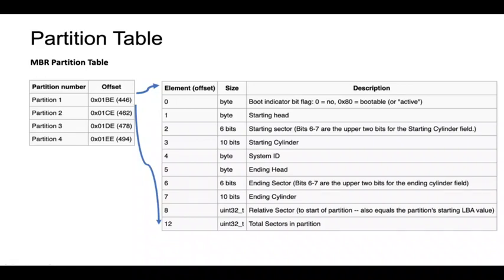If you remember, these 16 bytes represent something like this. It tells us whether this particular partition is a bootable partition or not, by setting that byte value. Then the starting head, from where this partition starts in the disk, the starting sector, starting cylinder, system ID, ending head, ending sector, ending cylinder, relative sector, which is important, and the total number of sectors in this partition, which provides the total size of this partition.